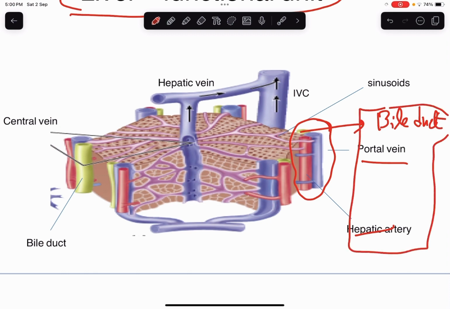And in the center there is the central terminal venule, which drains into the hepatic vein. Hepatic vein drains into the IVC. So this is about the functional unit of the liver, which is a hexagonal lobule containing the terminal venule at the center, and in the periphery there is the portal tract, containing bile duct, portal vein and hepatic artery.